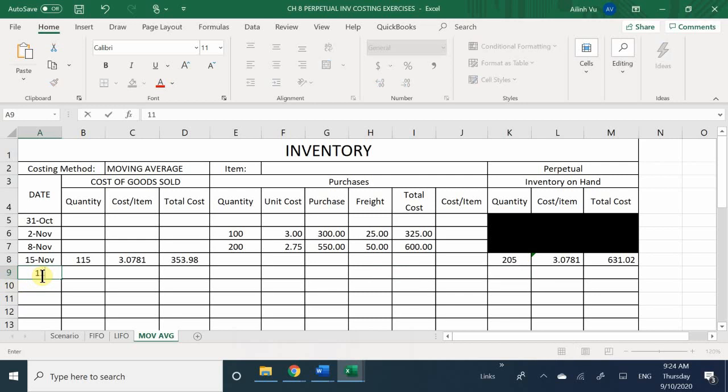So November 18th, 145 units. Okay. And again, the cost per item, just bring it down. Yes. Bring it down. So what's my total here?